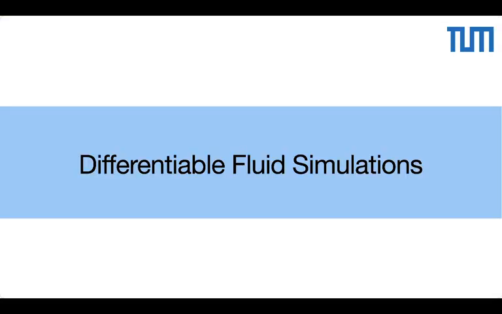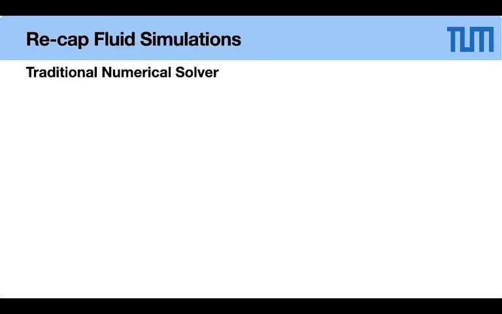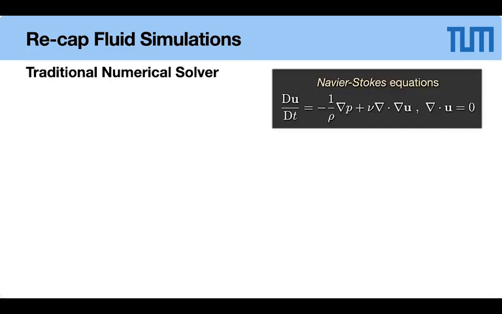So let's look at fluid simulations specifically. Here in computer graphics, you have a variety of traditional numerical methods to solve the Navier-Stokes equation. You can see it on the top right. In the compressible form, we have an advection term on the left-hand side with a material derivative, capital D u over dt, then a pressure term, a viscosity term, and on the far right, divergence of u being 0, the divergence freeness constraint.